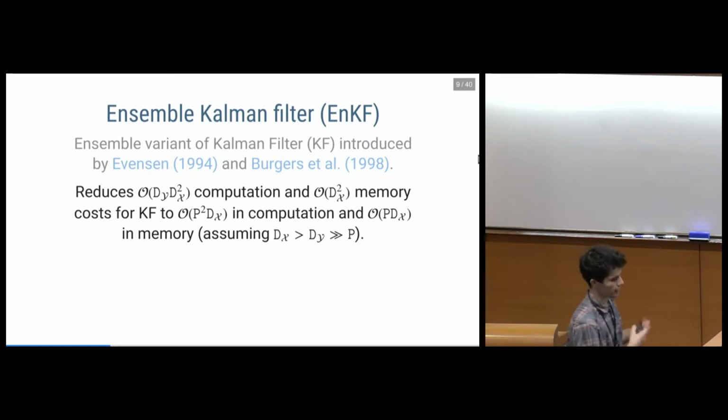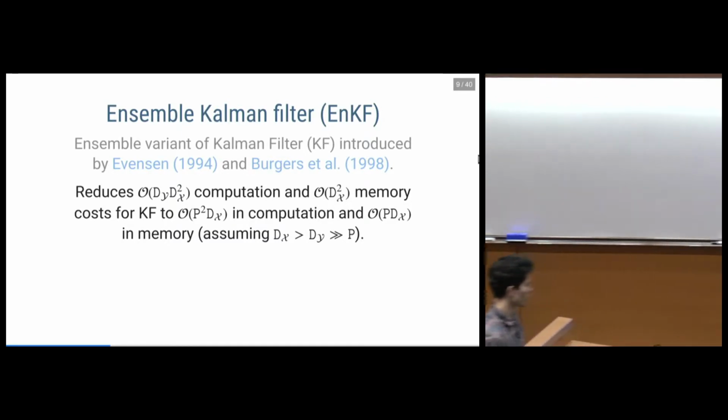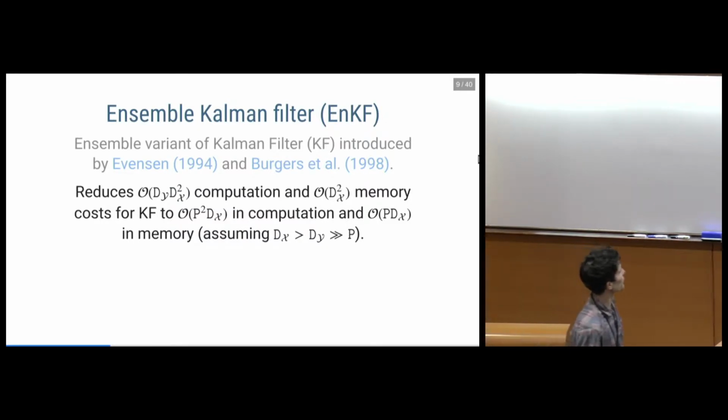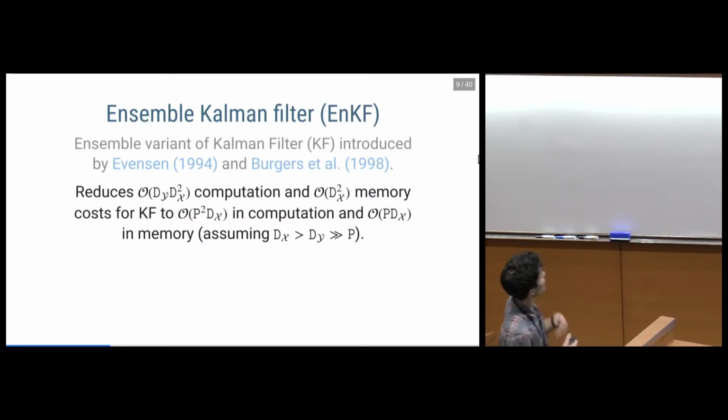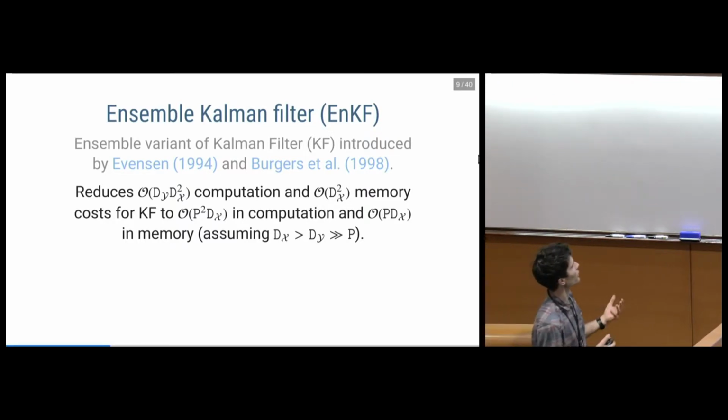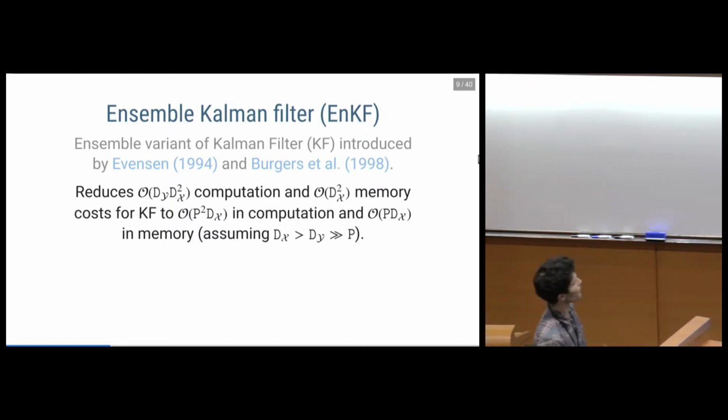And if the state dimension is, say, of the order 10 to the 6, 10 to the 7, this is going to be problematic in practice. Whereas if we use a particle representation of the distribution, we can reduce this to something which scales only linearly with the state dimension.